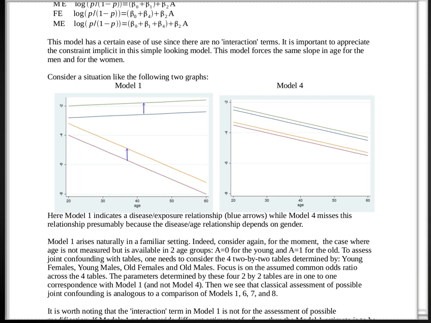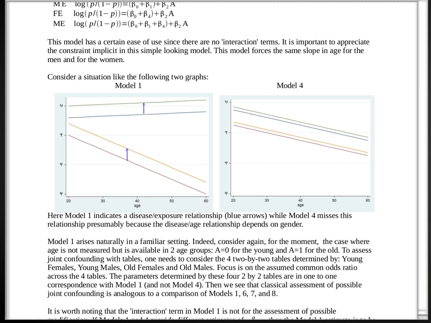And it turns out that the test for the assessment of joint confounding is analogous to the comparison of models 1, 6, 7, and 8.